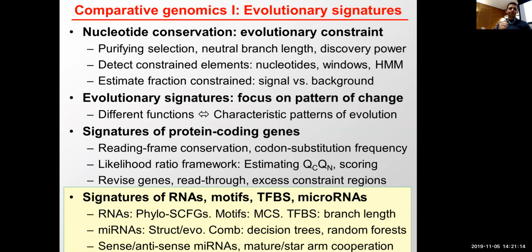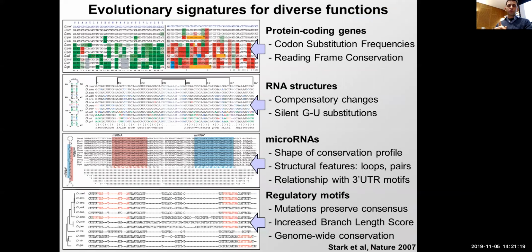Okay. So we focused a lot on protein coding signatures, but again, as I mentioned earlier, we can build these signatures for many different other kinds of elements. When we spoke about RNA folding, we spoke already about these RNA signatures. When we spoke about regulatory motifs, we spoke about these motif evolutionary signatures.